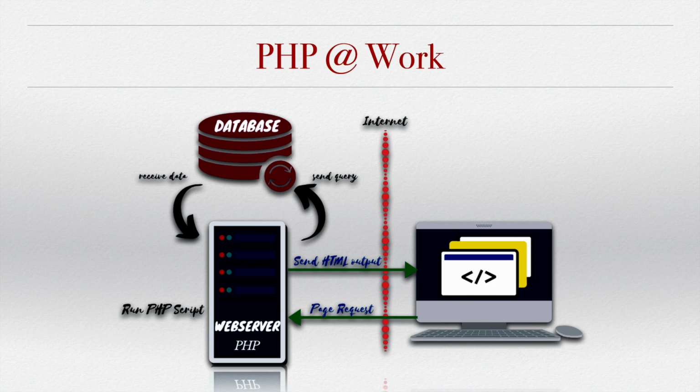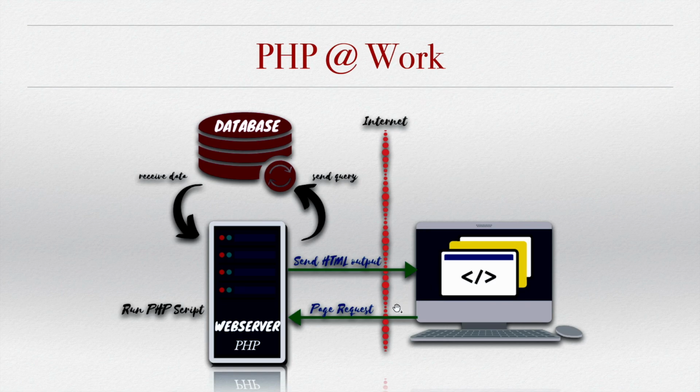And when I say server side, I'm talking about the web server. Here you see a vertical line separating the two, representing the internet. The right side could be multiple machines across the globe, of various users who are on their browsers trying to access a web page.